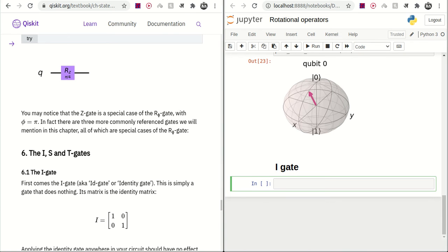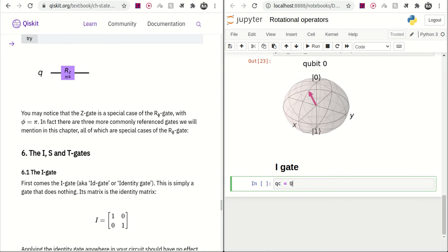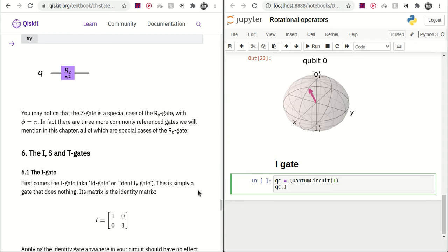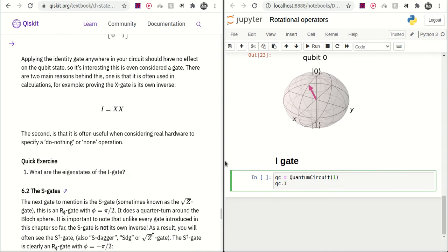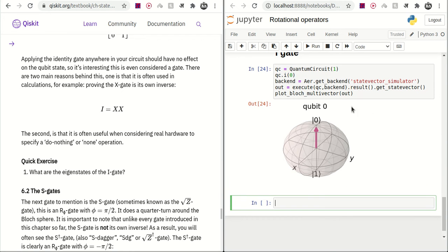The I gate is an identity gate, so it just does nothing. Suppose qc is equal to a quantum circuit with one qubit, and we apply qc.i. Just see how it is applied. I guess this is right, and we print it like that. So the operation is correct. It is doing nothing.